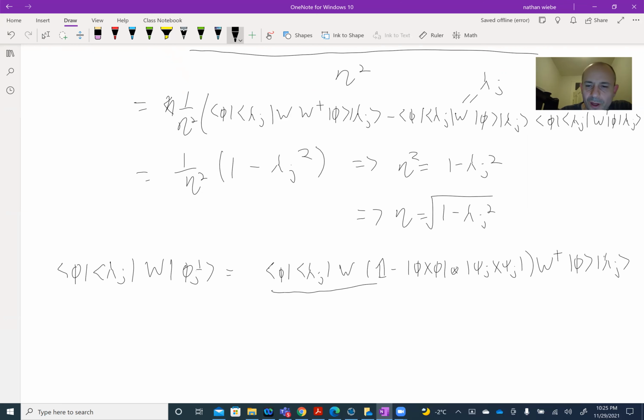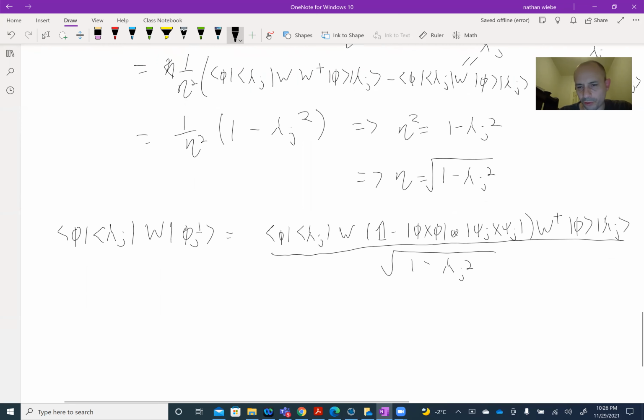And now we've got to divide this through by eta, which we've now identified as 1 minus lambda j squared, all square rooted.